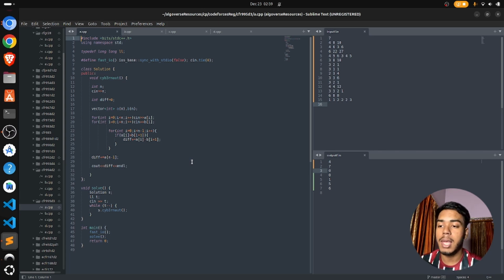Here you can see we are inputting n, then we are taking the input of both array a and array b, and only when Monocarp has solved more problems than Stereocurve on the next day, we add those to our difference.